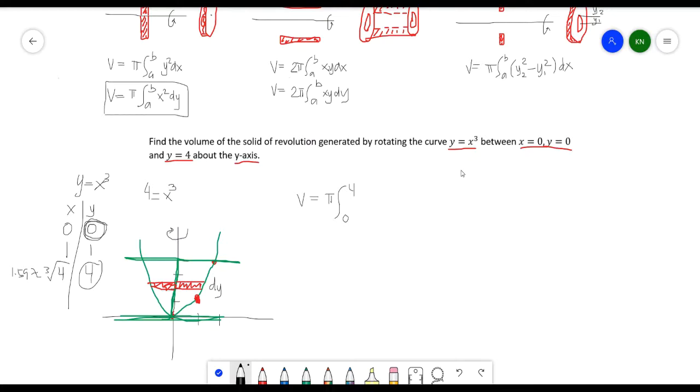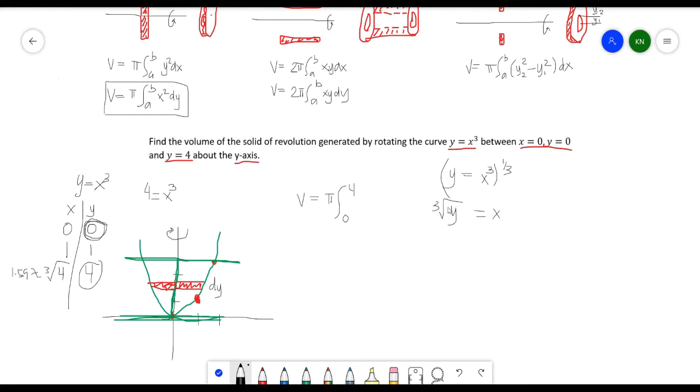So we need to find a way to extract the value for our x squared here in our function. So meaning to say, if we take the cube root of both sides, we'll have cube root of y is equal to x. So meaning to say, we can already substitute this one to our equation, which is x squared dy.